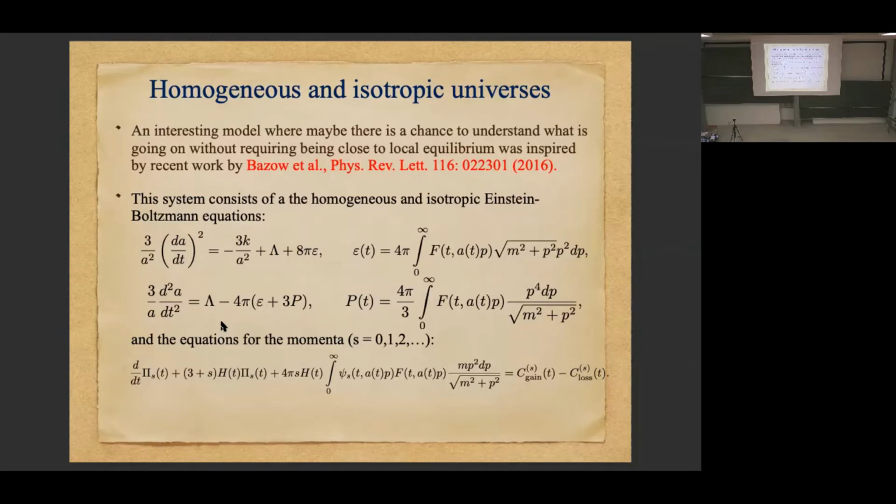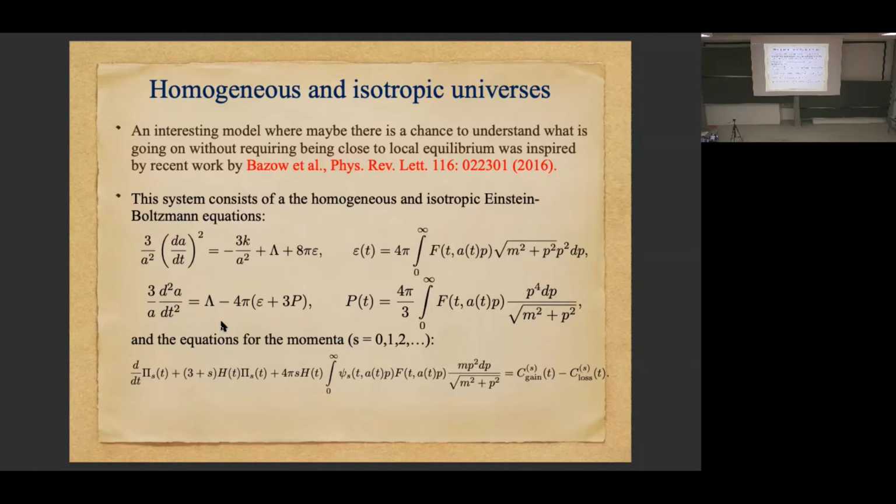Okay, and then the whole system reduces to the Friedmann equations, where you have the energy density and pressure given by these integrals. And then what you can do is to try to solve the Boltzmann equation using the method of moments. So that means instead of trying to solve directly for the distribution function, you multiply the distribution function with some basis of functions of the momenta and integrate them.